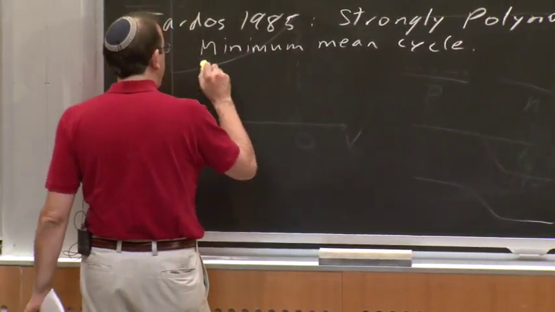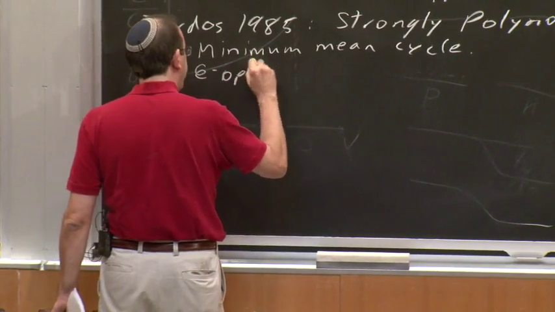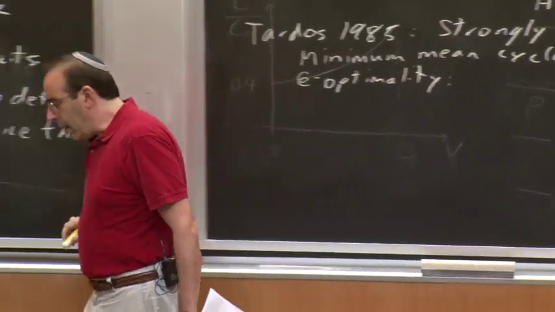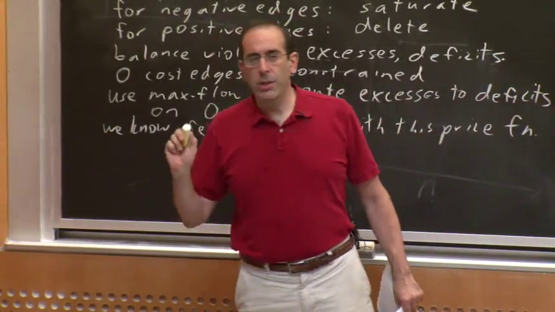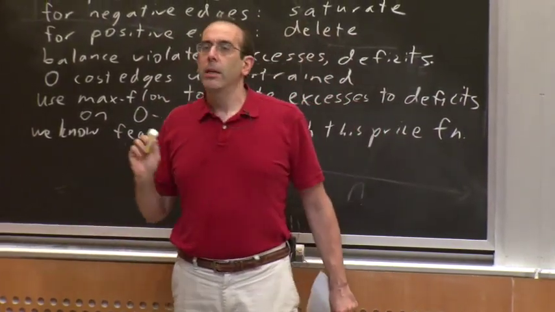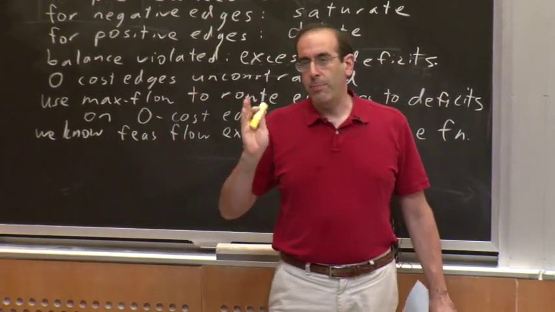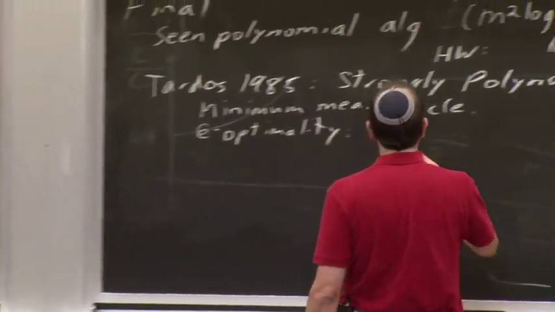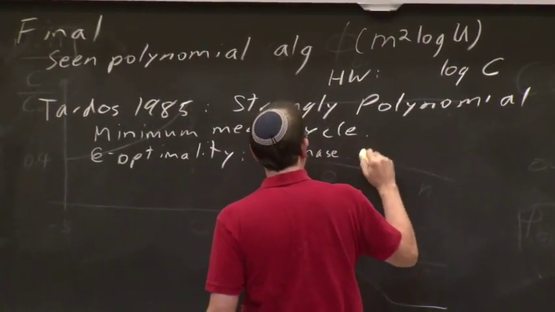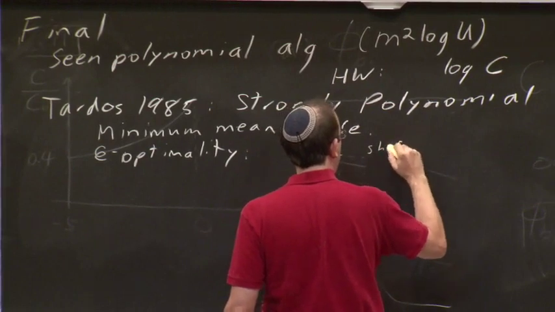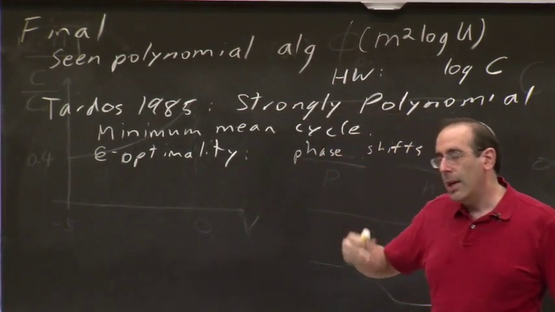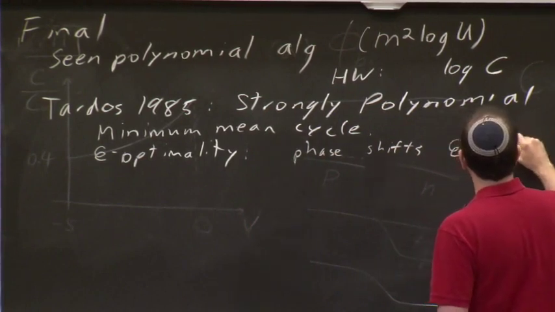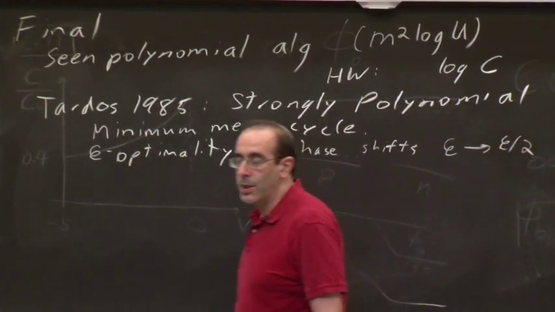It also uses this idea of epsilon optimality, which is, in my mind, just another way of thinking about scaling. You think about epsilons instead of bits, and you take a phase, just like we take a scaling phase, that shifts you from having a solution which is correct to within epsilon to a solution that is correct to within epsilon over 2.